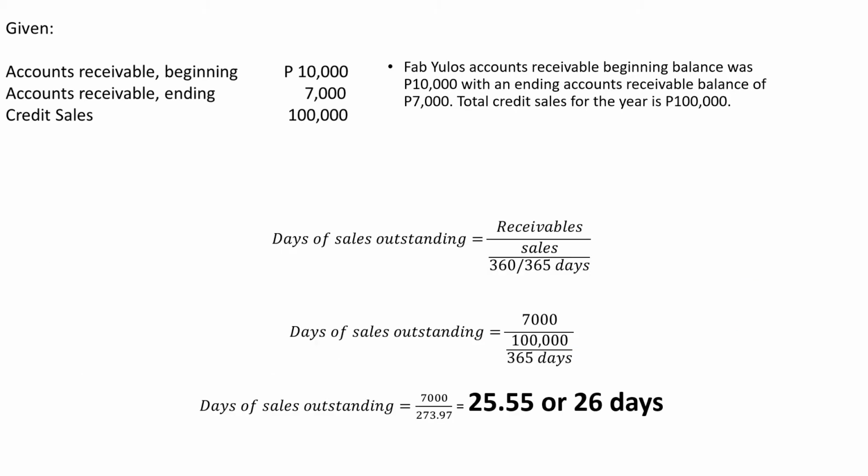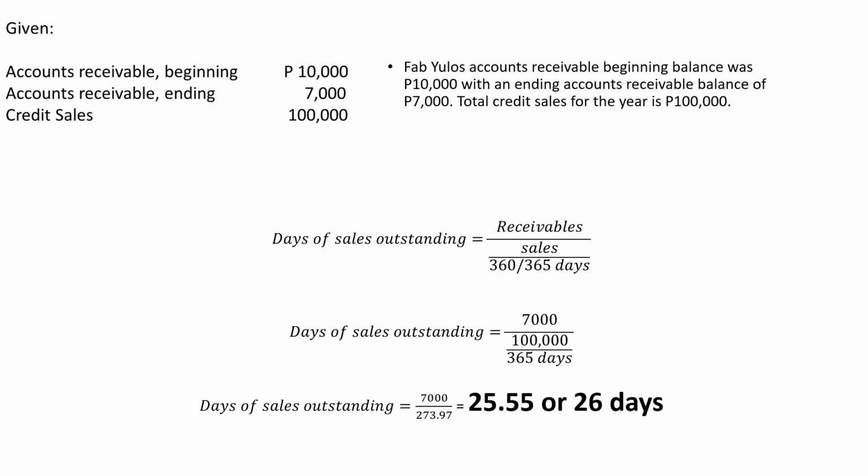Now let us use the other formula where we don't need to compute for the receivable turnover. And that is days of sales outstanding is equal to receivables divided by sales over 360 or 365 days. So let us substitute receivables. That is 7,000 pesos. And our sales, the net credit sales, is 100,000 pesos divided by 365.